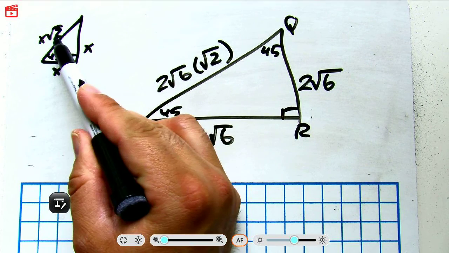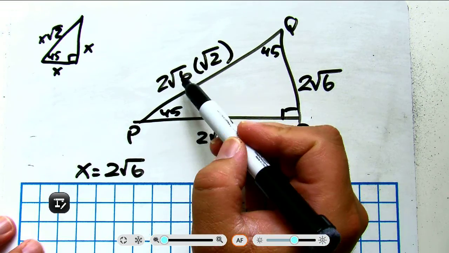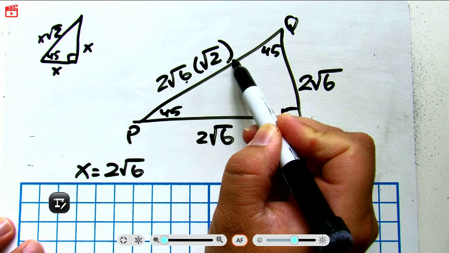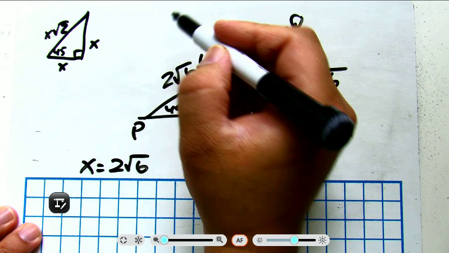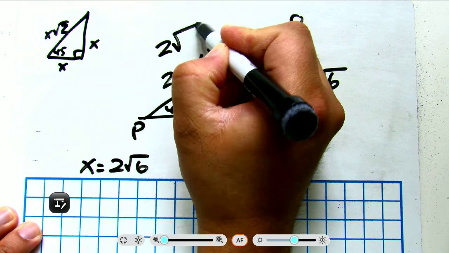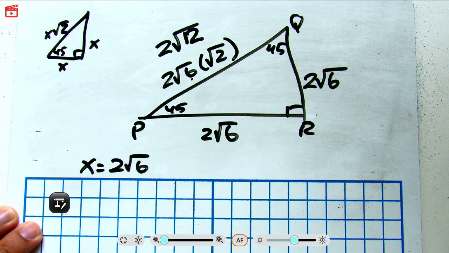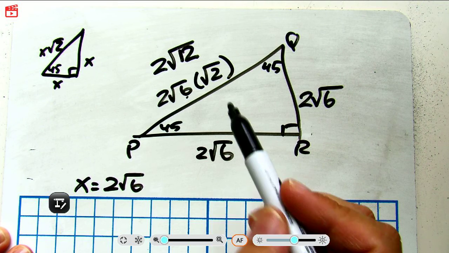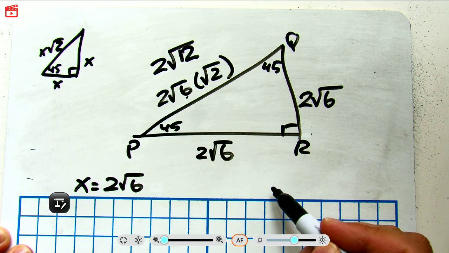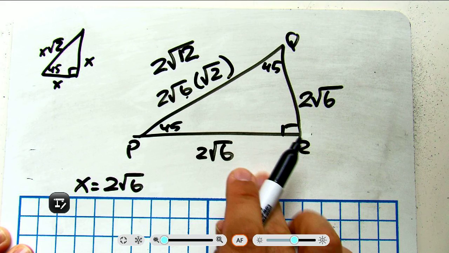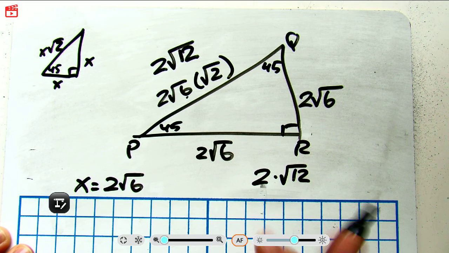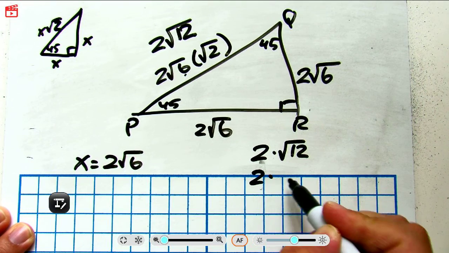So what we could do here is multiply the square root of 6 times the square root of 2, which would become 2 square root of 12. And I could actually simplify the square root of 12. So I'll do that on the side here. 2 times the square root of 12 is the same as 2 times the square root of 4 times the square root of 3.